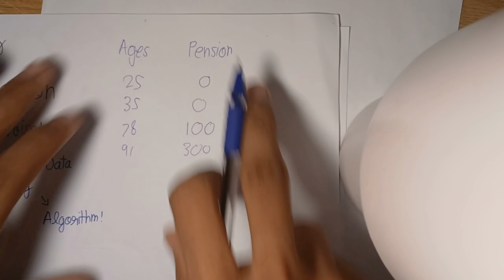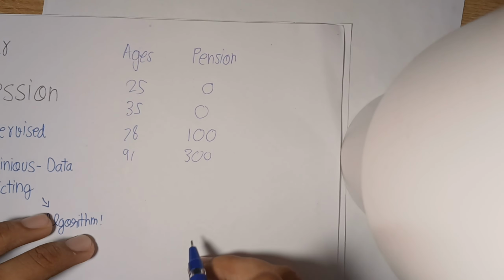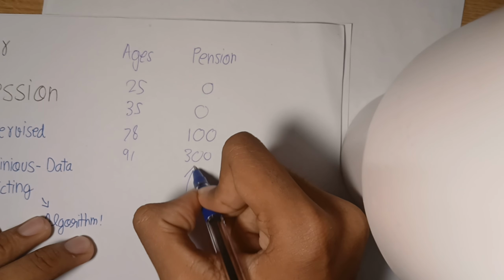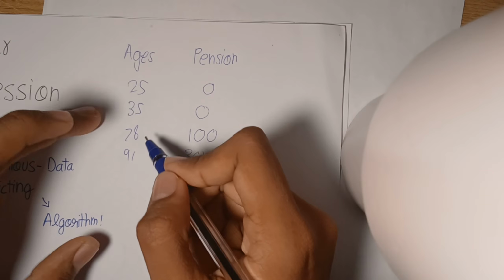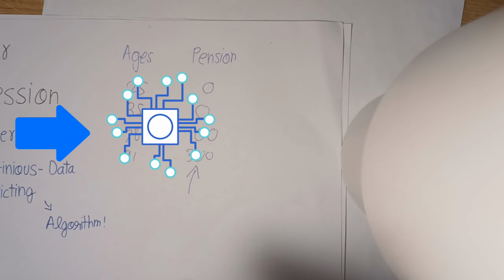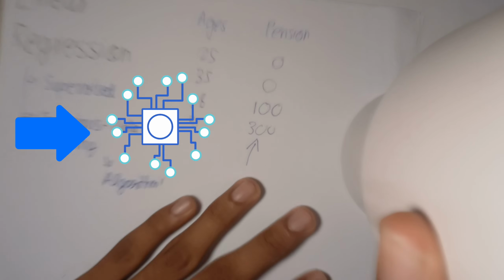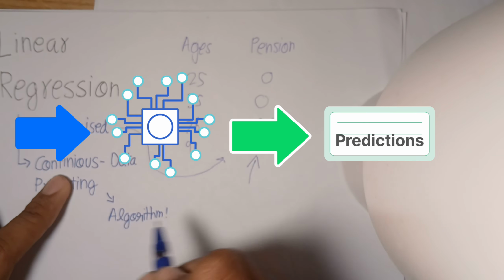So in this data, when I tell any machine that, hey, I want to be able to predict the pension after I have given the age as an input, right? When I tell the machine what it is supposed to predict, that is what we call a supervised algorithm.